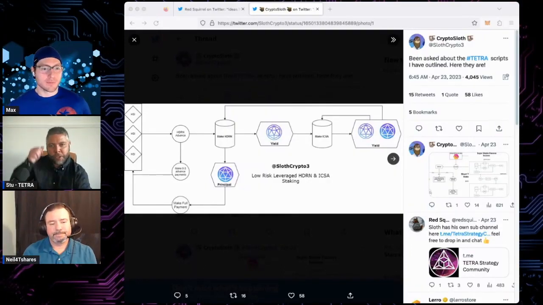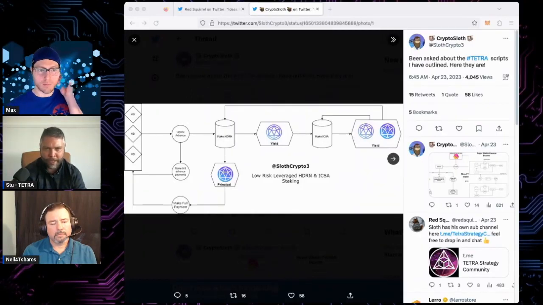Let me quickly answer on the token. You don't need to hold any Tetra tokens at all to utilize the protocol. You just pay your fees in stablecoins, like you would pay your gas in the gas token. So you hold a bit of stablecoin in your strategy wallet, a bit of gas, and whatever your principal is.